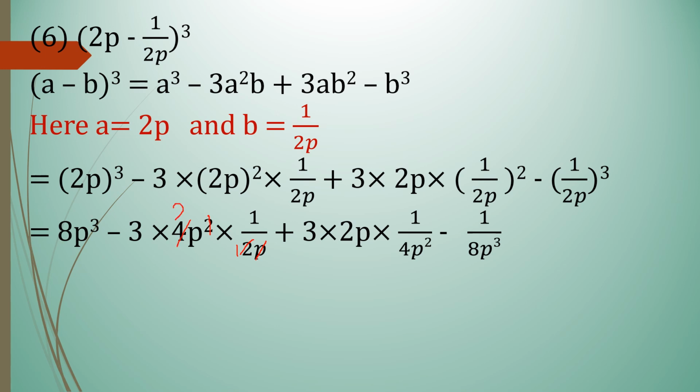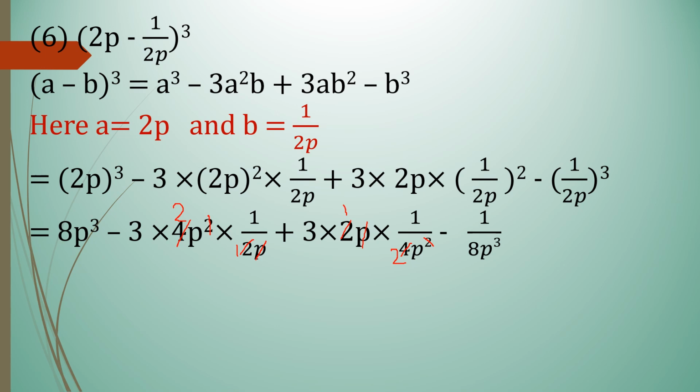Here also, as it is multiplication, we can solve this. You can see numbers get cancelled, numerator and denominator. So 2 1s are 2 and 2 2s are 4. So we'll write down 2 here. Now here also, in the denominator we have p square, so it will cancel 1p, and this p will get cancelled. Are you getting me, students?